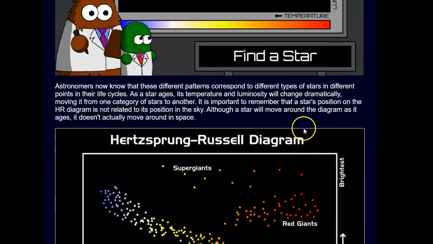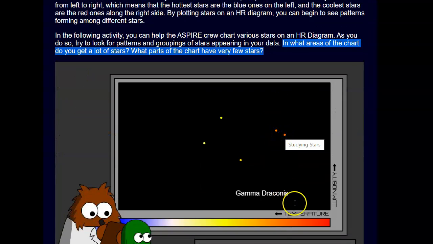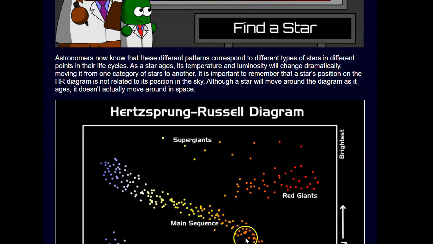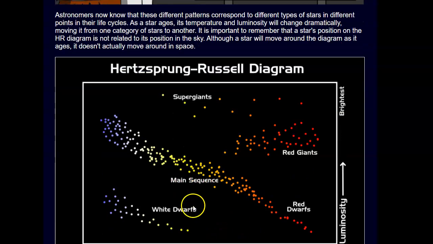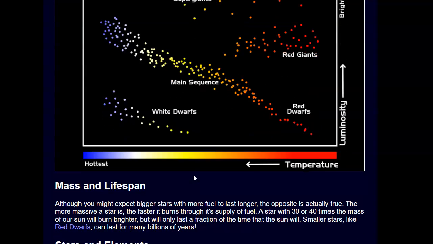And so when I go to answer the questions, I'll say 2 of my stars are red giants, and 2 of my stars appear to be in the main sequence. And then I will describe what the red giants and main sequence are.